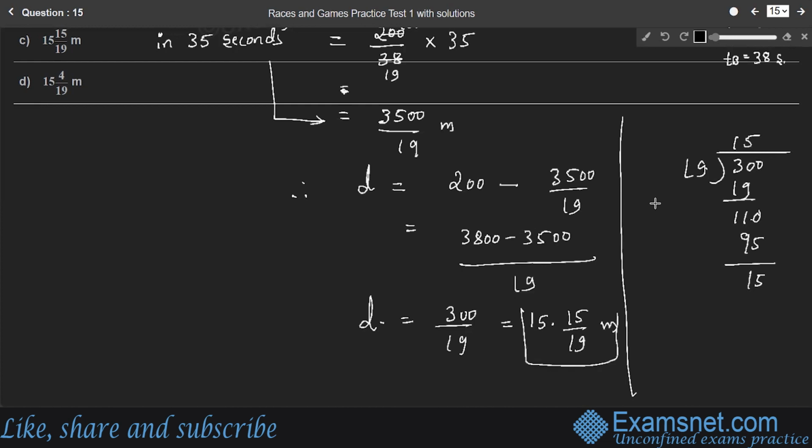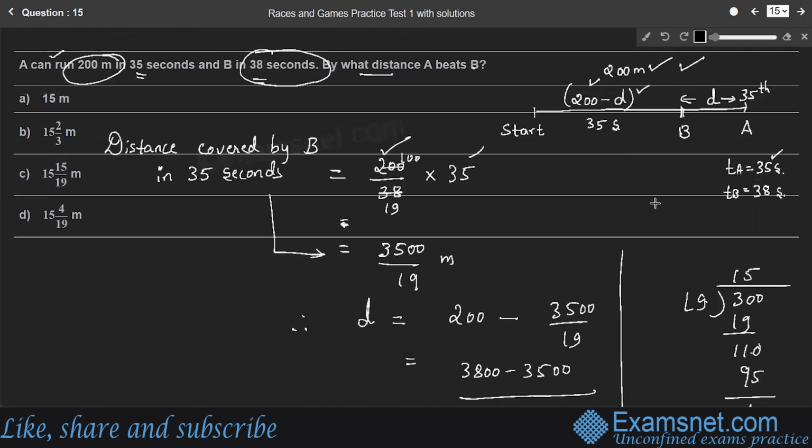By what distance does A beat B? 15 and 15 by 19 meters. Option C is the right answer.